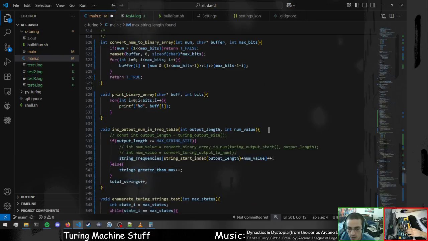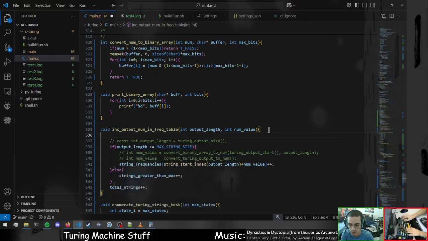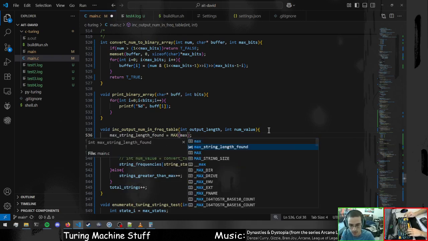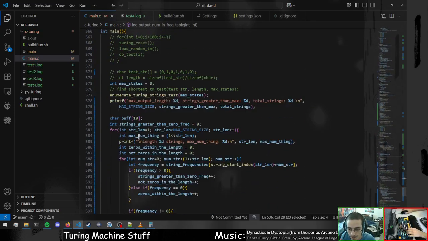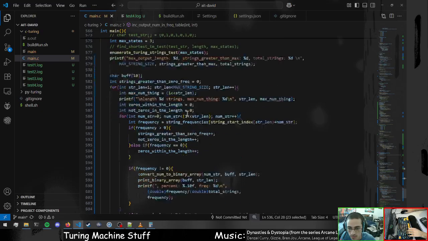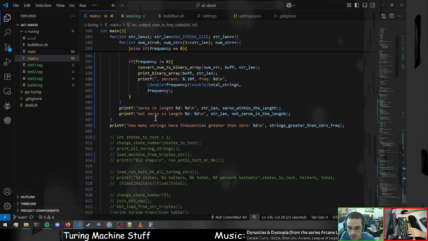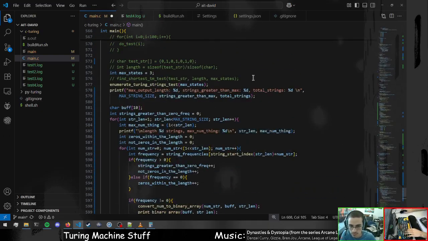Yeah, okay, so I'm gonna put max, and output length, and we are going to use said thing before we do this.